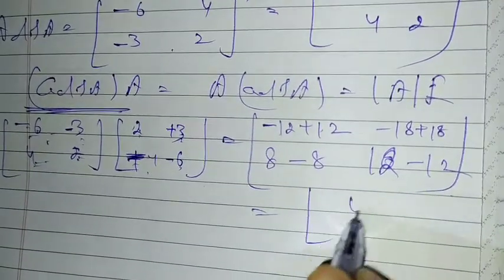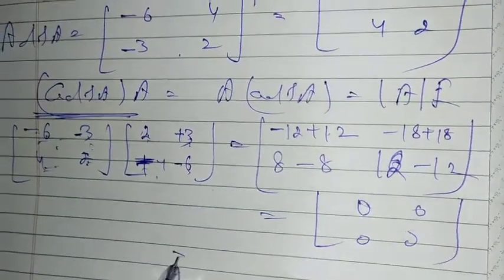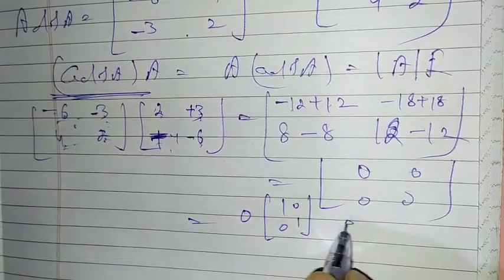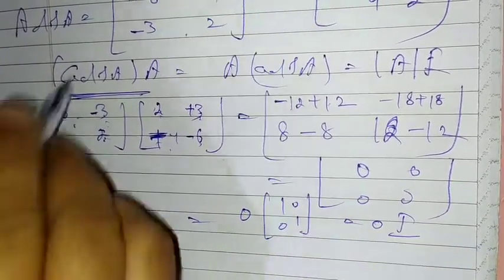It becomes 0 0 0 0. It can be written as 0 into 1 0 0 1, that is 0 into identity.